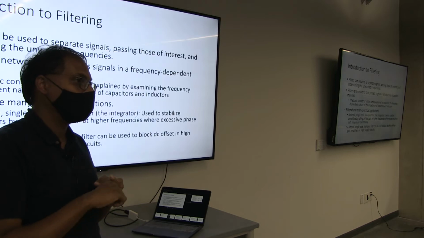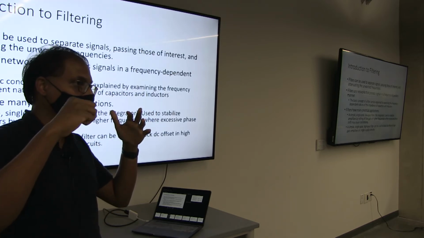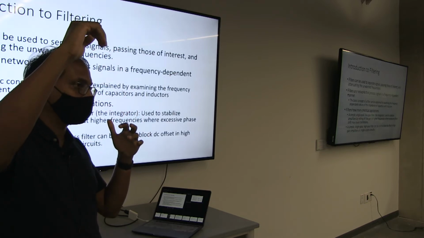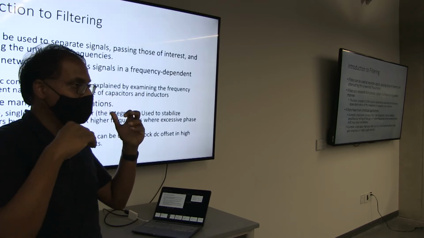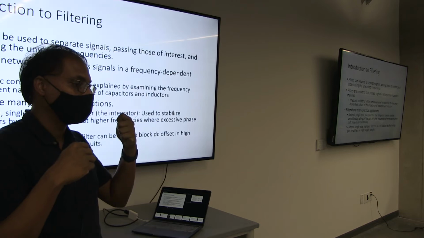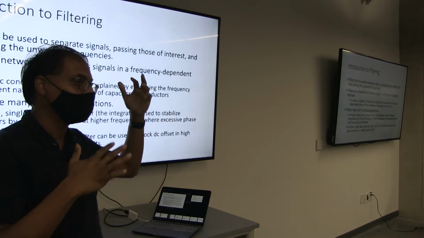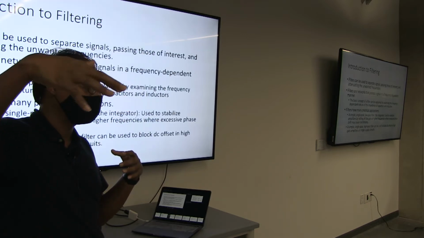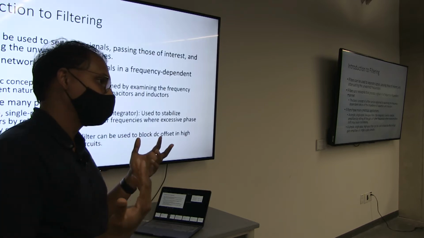A pole means from that point the transfer function starts dropping, and a zero means the transfer function starts climbing up. So when we say 1 by s, practically the gain at frequency equals 0 is infinity, because 1 by 0 is almost infinite. The transfer function starts almost at infinity and starts rolling down from the origin. That's 1 by s in the frequency domain.